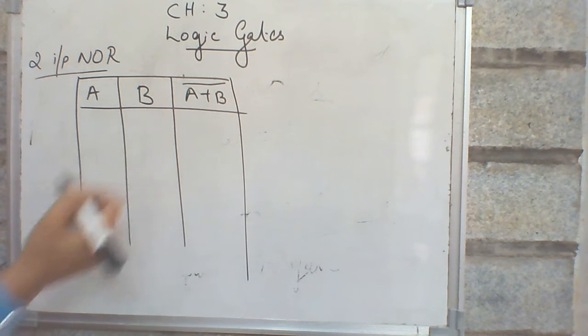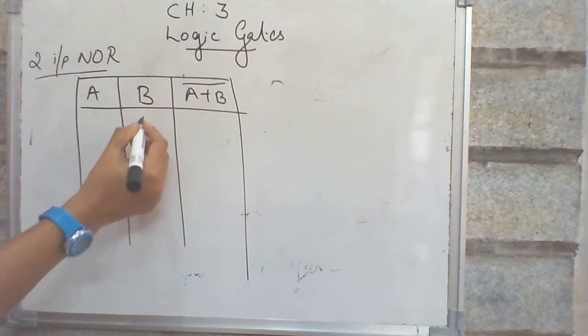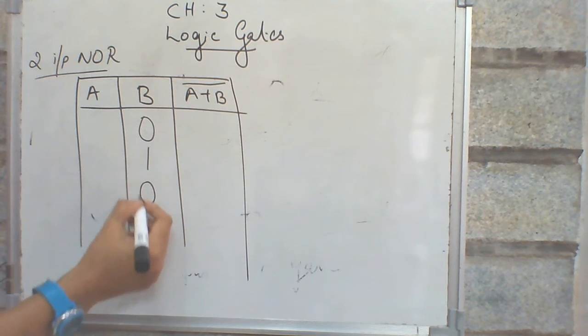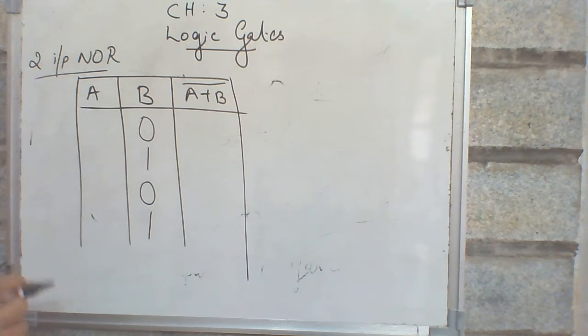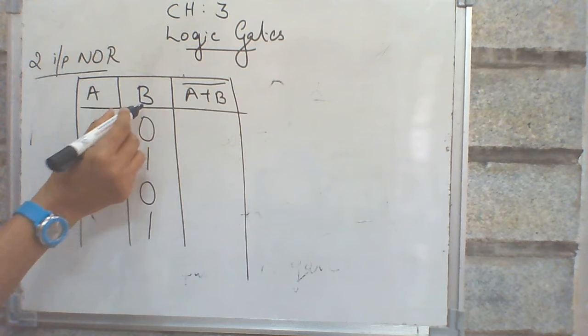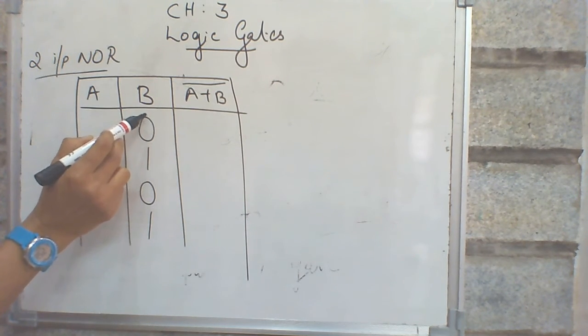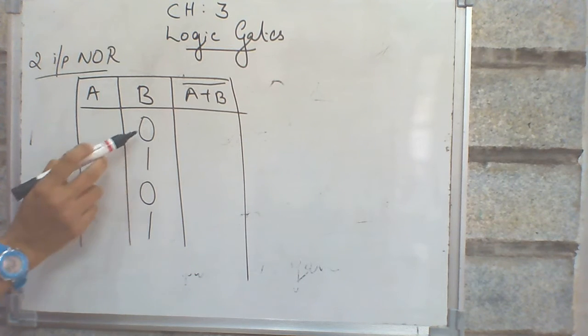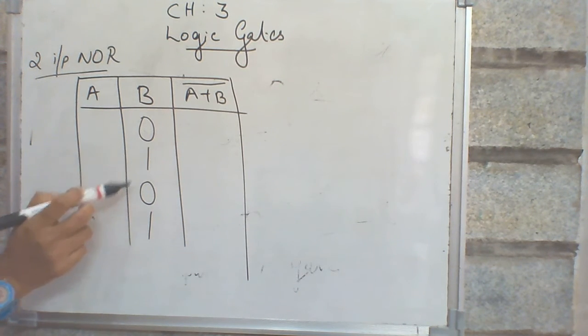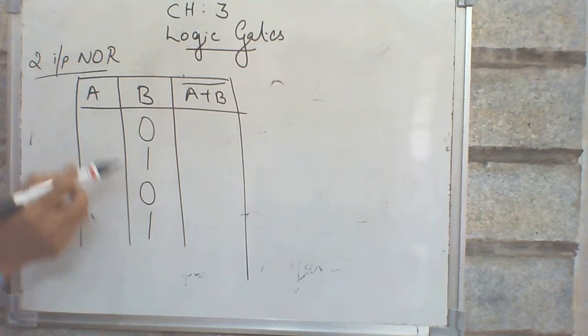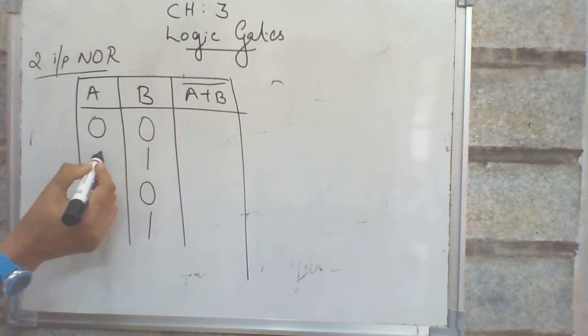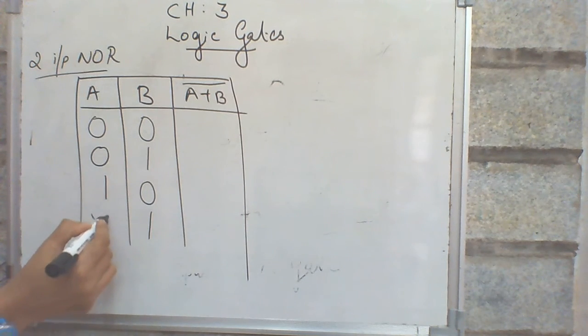Then how can we represent this one? 2 input means how many combinations will be there? 2 to the power 2, that is 4 combinations. B is the rightmost input. That will be in the order 0, 1, 0, 1. Next input will be in the order 0, 0, 1, 1.